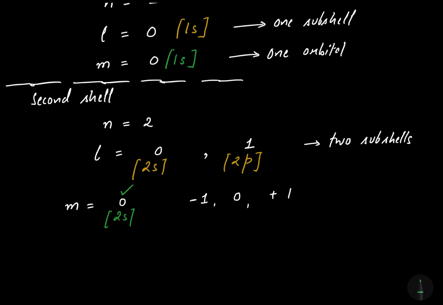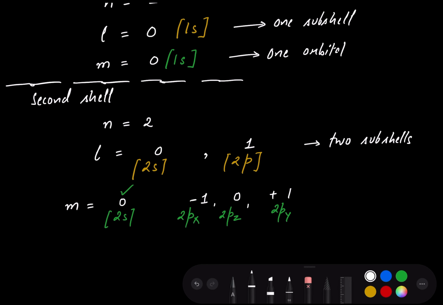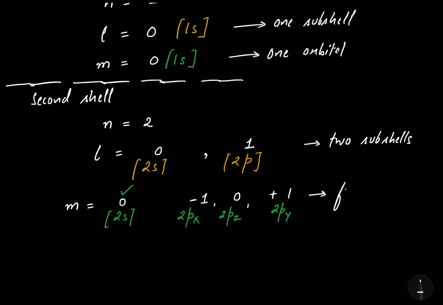Now for -1, you can write 2px. For 0, we can write 2pz, and for +1, we can write 2py. How many orbitals did we get? The 2s, 2px, 2pz and 2py, we got a total of 4 orbitals.